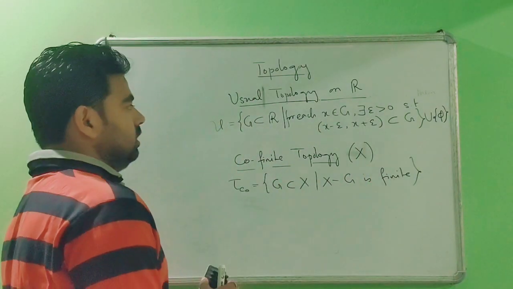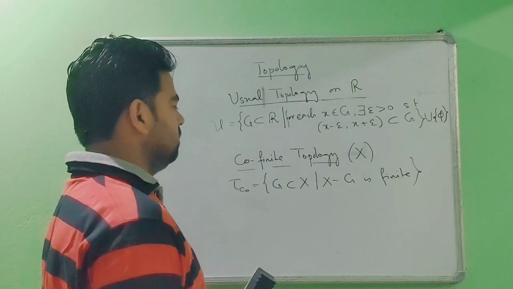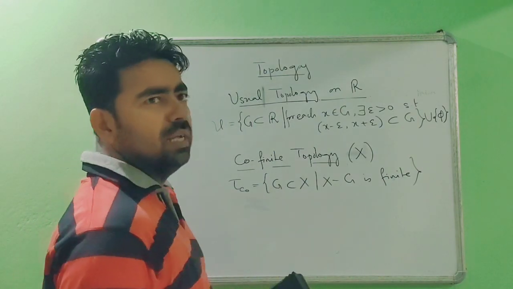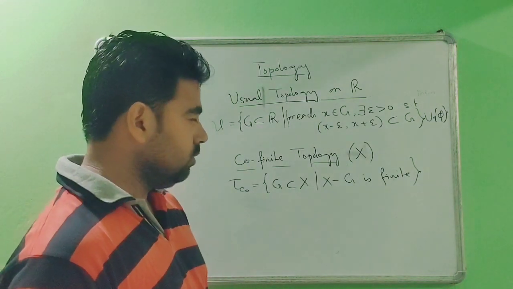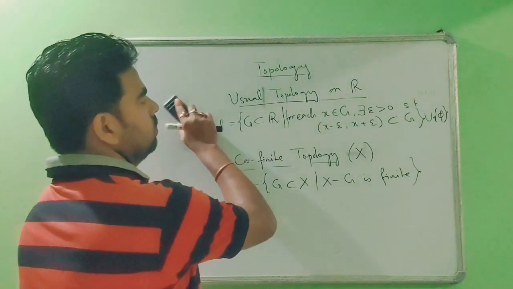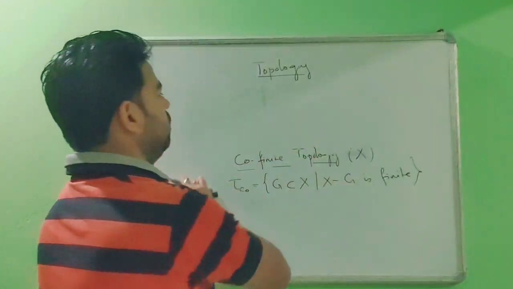Okay, in our different lectures, different topological spaces like cofinite topology, then right ray topology, left ray topology, then topology on circle.